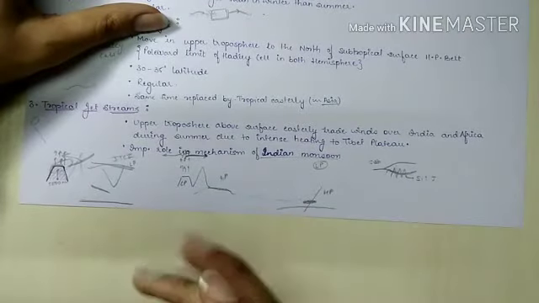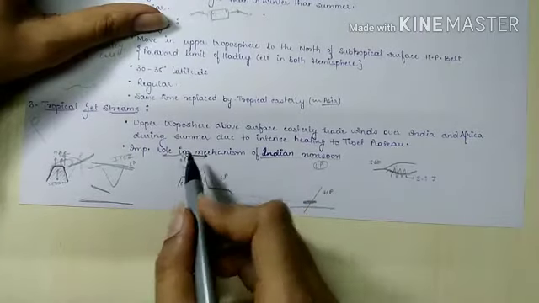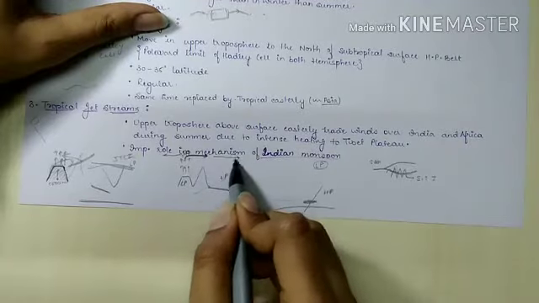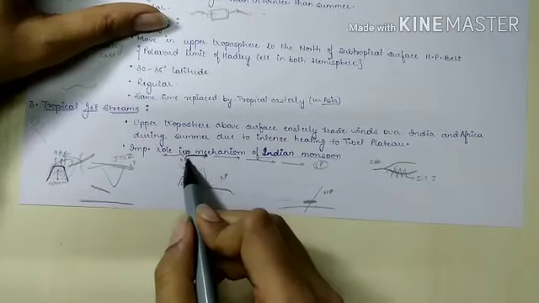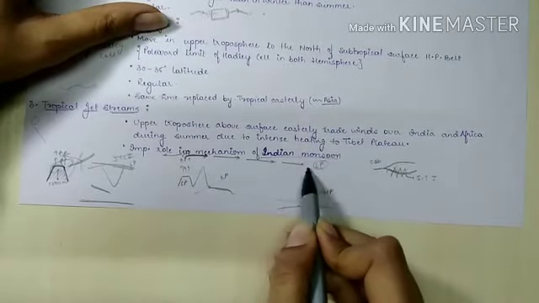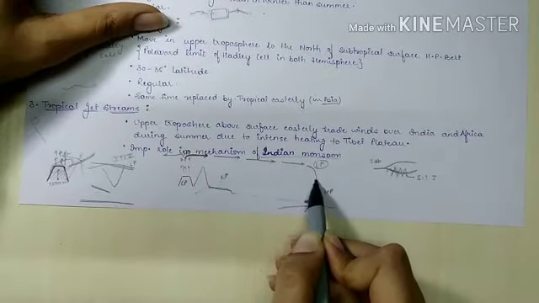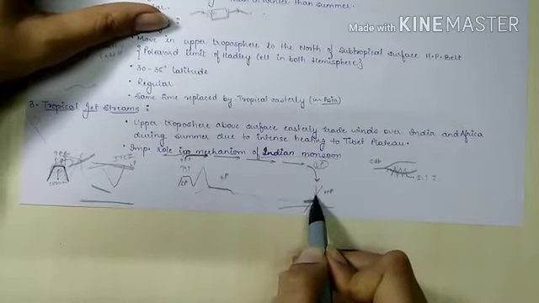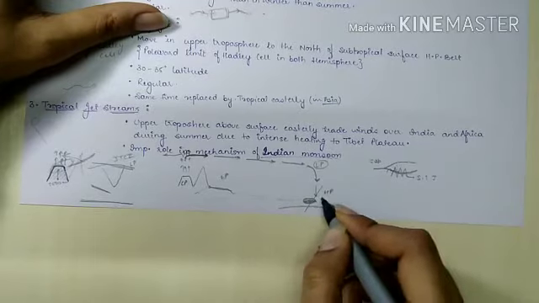Wind always moves from a high pressure area towards a low pressure area. This wind, moving towards the low pressure area, subsides down as it reaches here, and because it is subsiding here, the high pressure on the surface intensifies.